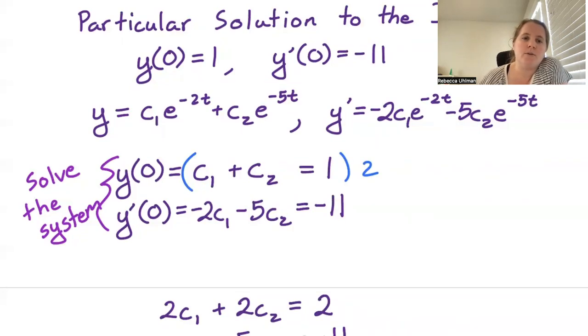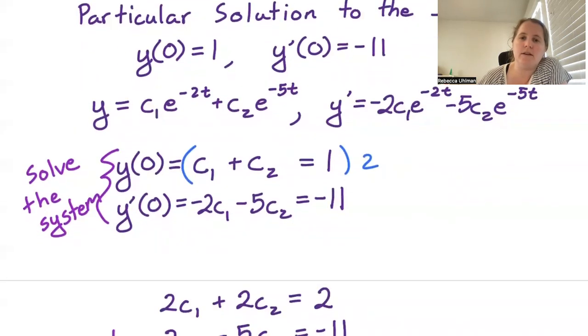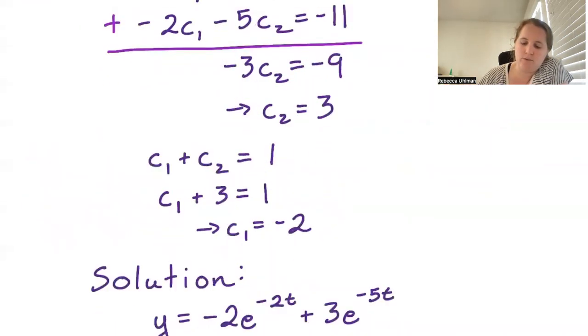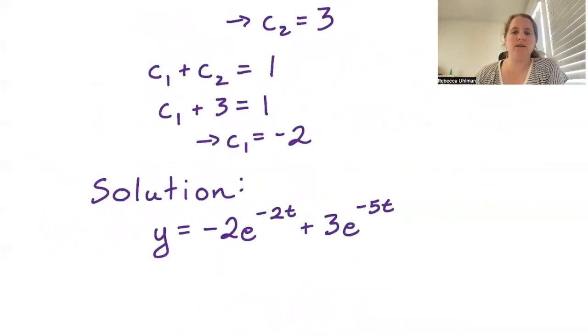Since our original equation was y equals c1 e to the negative 2t plus c2 e to the negative 5t, we do wind up with y equals negative 2 e to the negative 2t plus 3 e to the negative 5t. So this is how we go about finding our general solution and solving IVPs when the characteristic equation has distinct real roots.